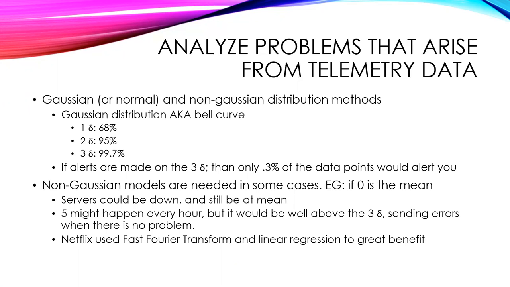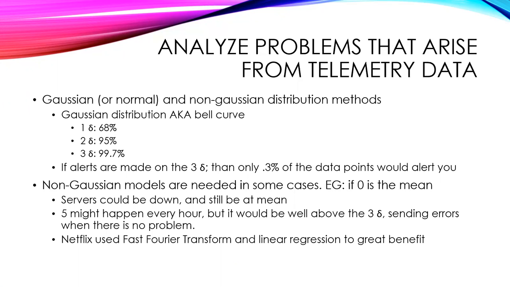But if you apply this to something where the mean is 0, and there are no negatives, you're probably going to be sending up a lot more alerts than you expect. If most of it's 0, but occasionally you get 5, you might be flagging it as a potential error when you get 5. Maybe this is downloads at any given time. Maybe I've got a server that's downloading operating systems.